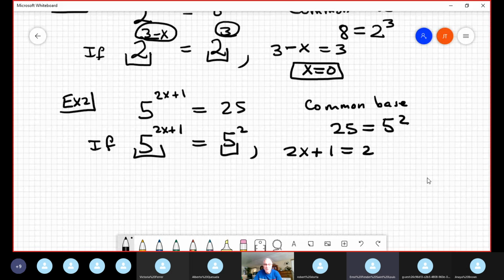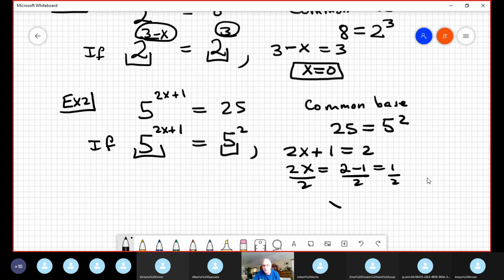You convert this horrible exponential equation into one nice linear equation, and the rest is pretty easy. 2x is equal to minus 1, divided by 2 is 1 half. The answer is 1 half.